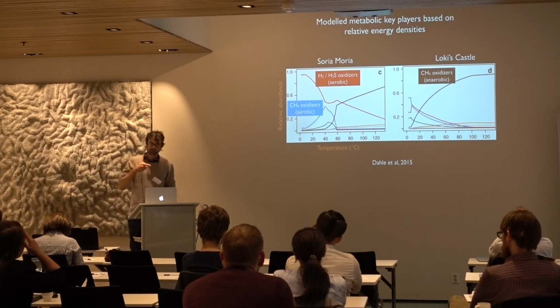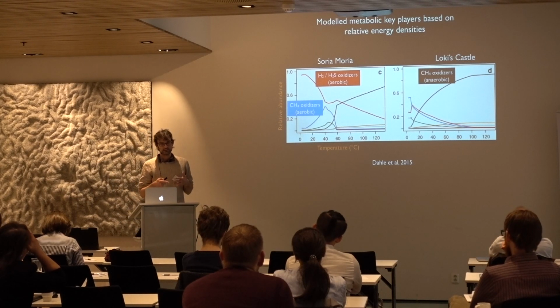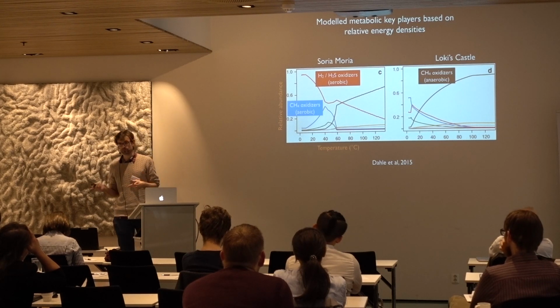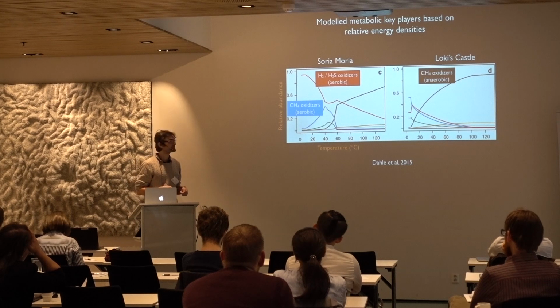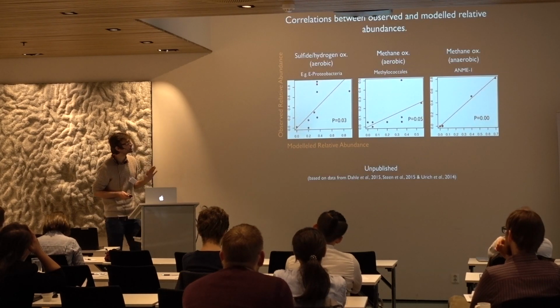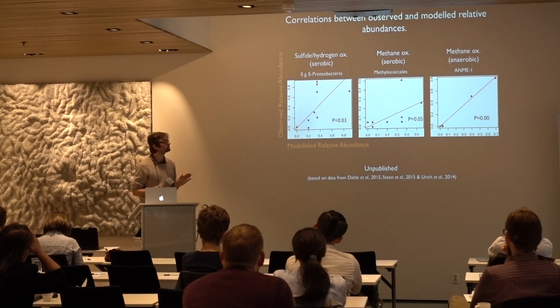So then, of course, the question comes whether this really has relevance. What happens if you actually go down there and have a look at what organisms are present and what the communities look like? And it actually seems to match fairly well.